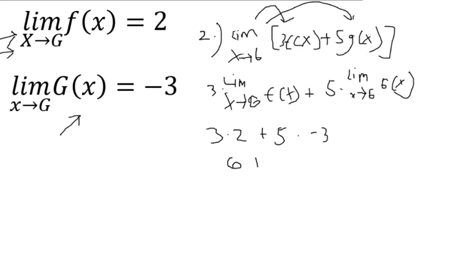So we replace them and do the basic math. We have 6 plus negative 15. What's the answer here? Negative 9, right? Just making sure that you're following me. So that's the answer for this problem.